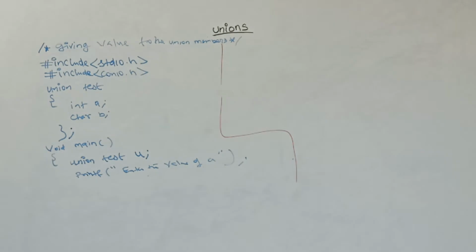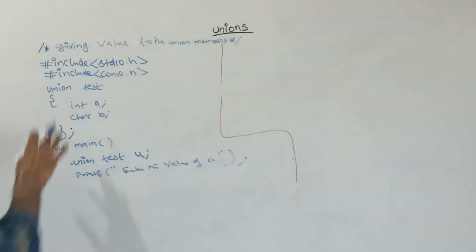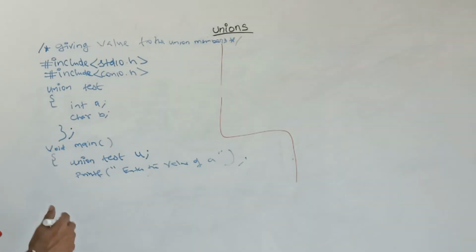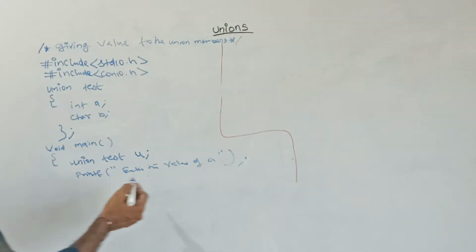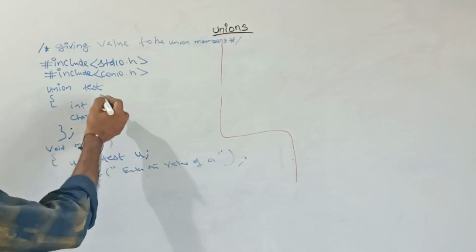Giving values to the union members. At a time we should give only one value. See here, for example, enter the value of A.